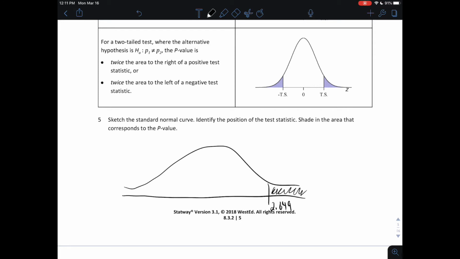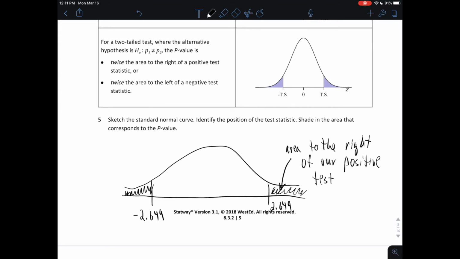What's related to the picture that we see is the symmetry related to the normal distribution. So the reason why we're multiplying it by 2 is because there are two tails here, but we only have to calculate that area once. So this is the area to the right of our positive test statistic.